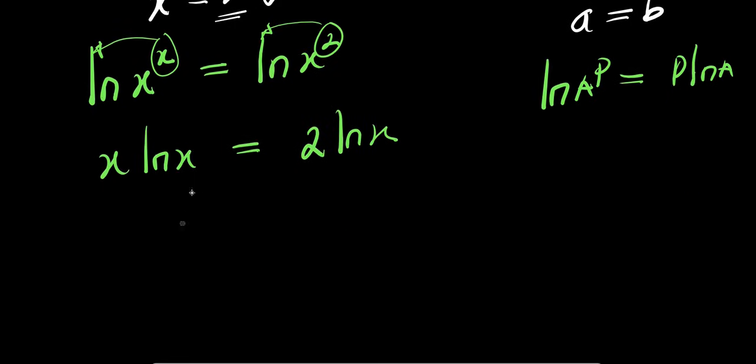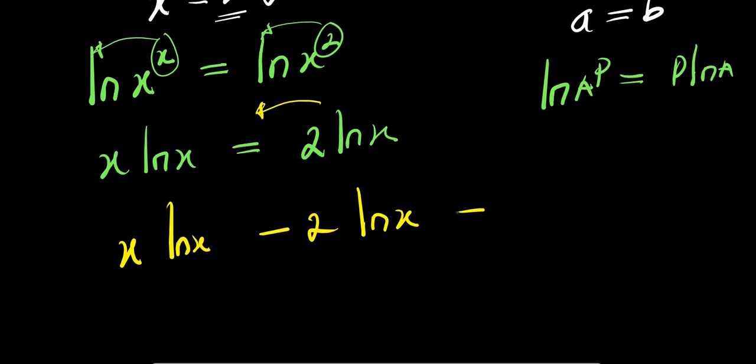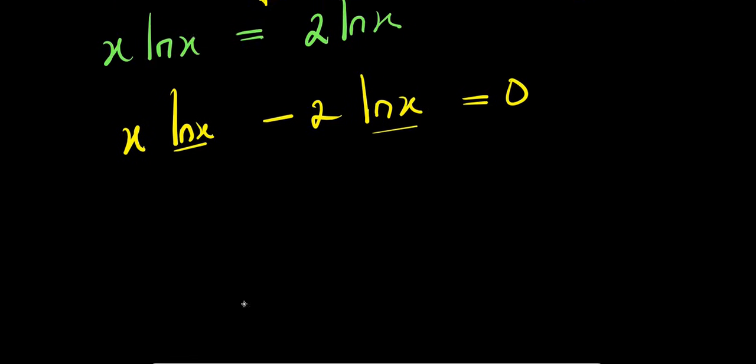So right now, we can move this over here to have x times natural log x minus 2 times natural log x equals 0. Now there's a common term, which is natural log x.